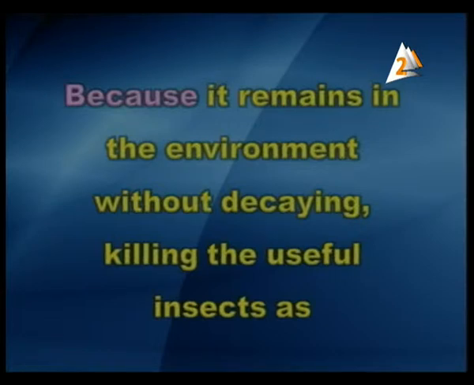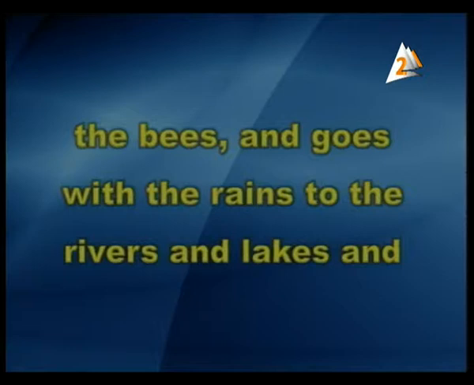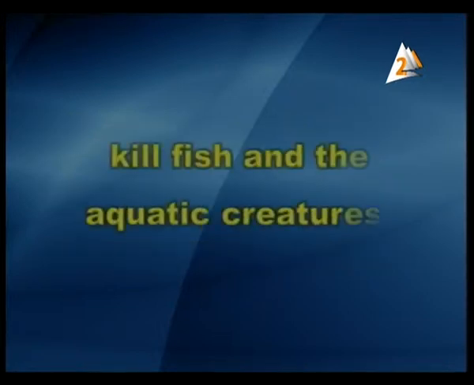It stays, killing useful insects such as bees. With the rain, it's dissolved, and the remains stay in the rivers and lakes and kill the fish and the aquatic creatures. DDT is not preferred, so it is dangerous.